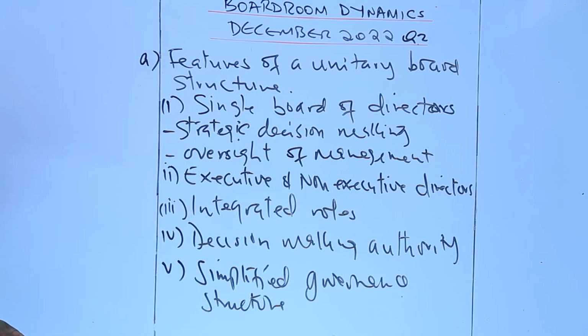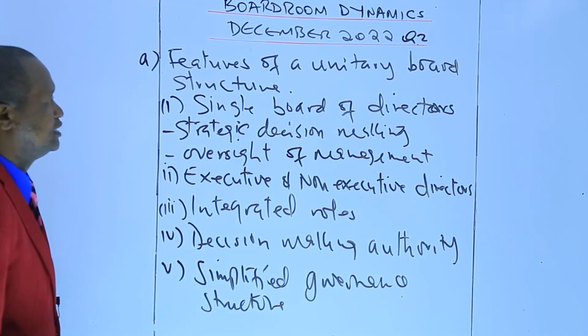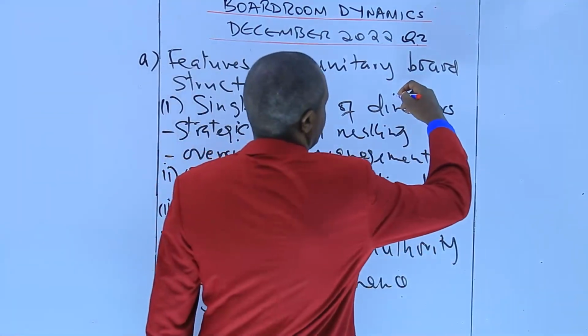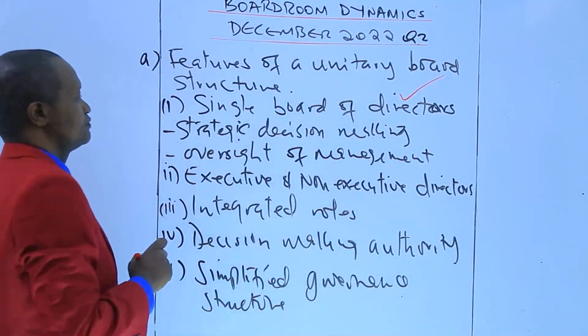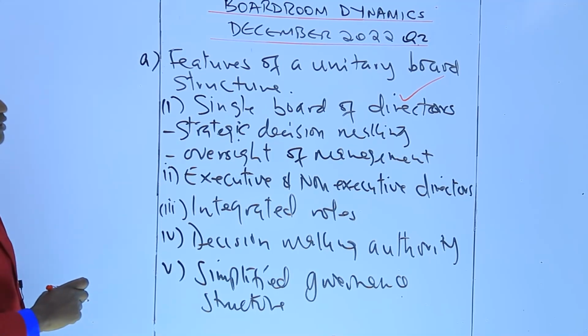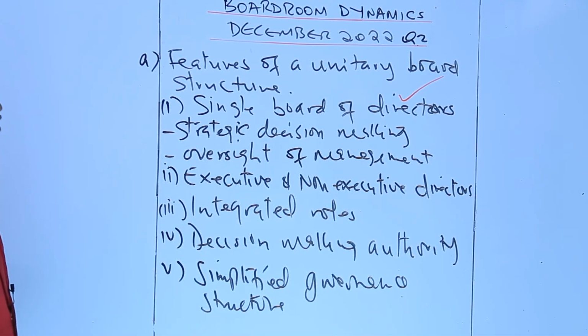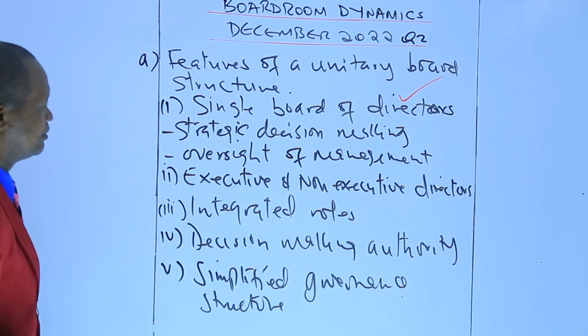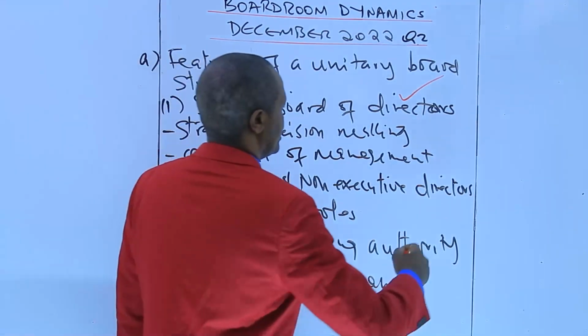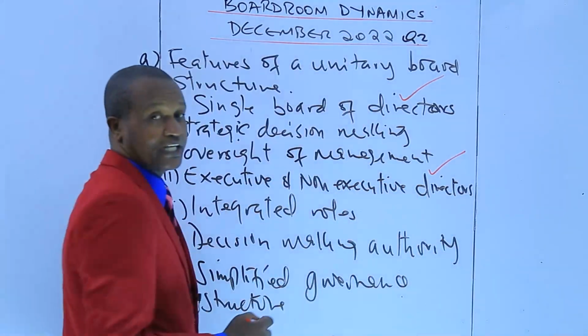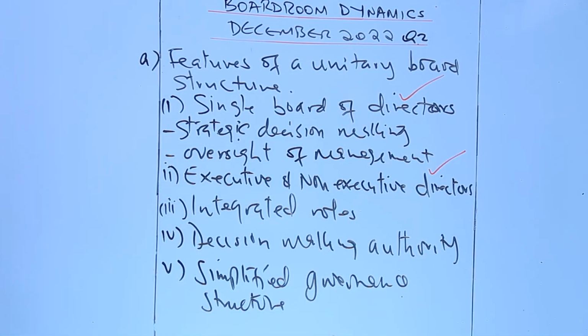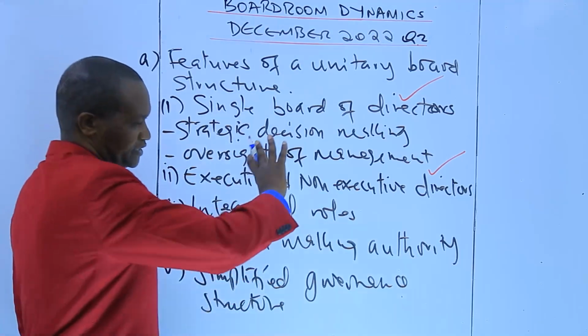So these are 5 features of a unitary board structure. Number 1, it's a single board of directors. It's just one board that makes strategic decisions and oversees management. Number 2, it comprises both executive and non-executive directors. And these directors have integrated roles.